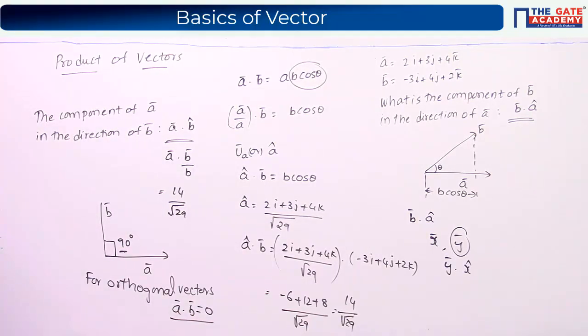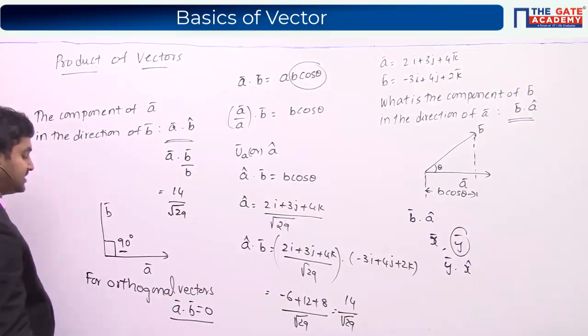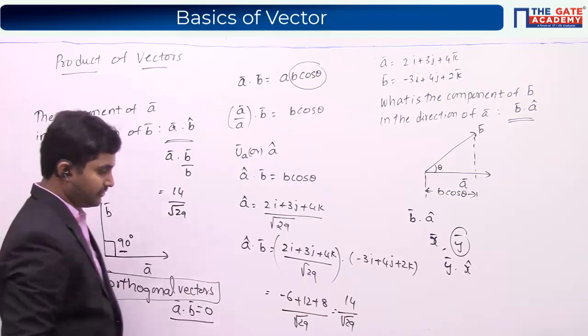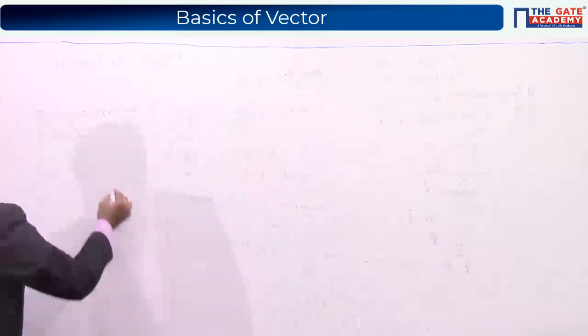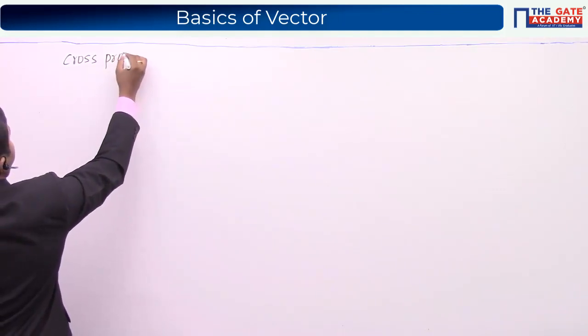When the angle is 90 degrees, the component of one vector in the direction of the other is equal to 0. Such vectors are what we call orthogonal vectors.